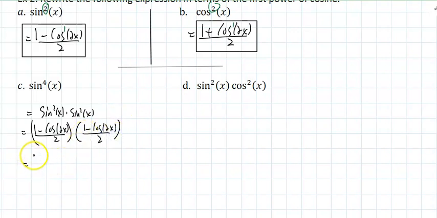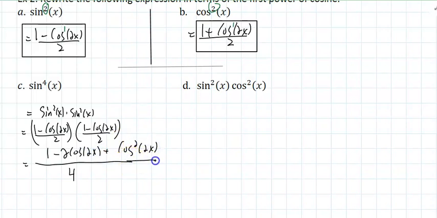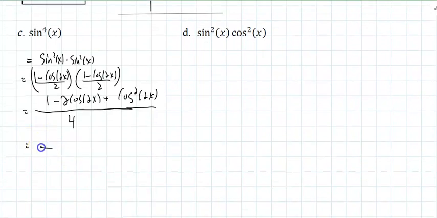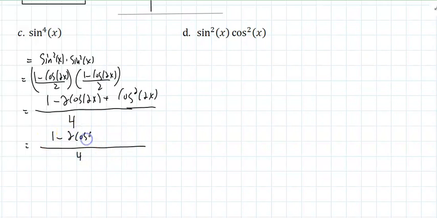So, I'll take the 1/4 out, or make it all over 4, whatever you like. If I FOIL the top, that's 1 minus twice the cosine of 2x plus the cosine squared of 2x. Everything is matching except for one value you're not allowed to have. So the directions, if you read them properly, say write them to the power of 1.